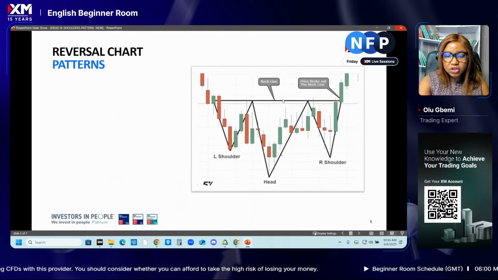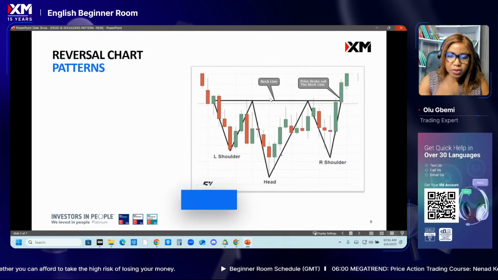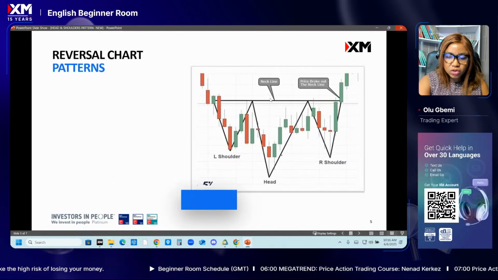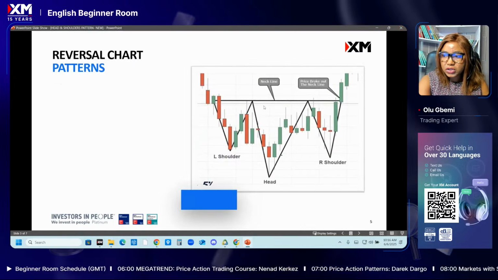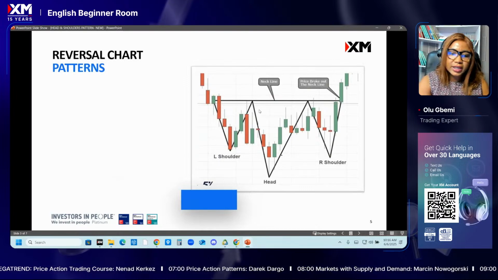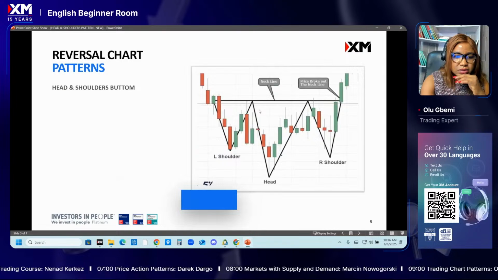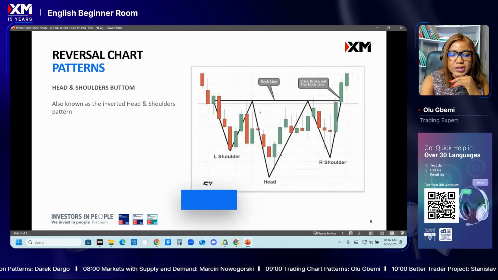Then we have head and shoulders bottom, which is just the opposite of the head and shoulders top that we have just talked about. Now, the head and shoulders bottom is a bullish reversal pattern. We want to see this in a downtrending market. It is also known as inverted head and shoulders.